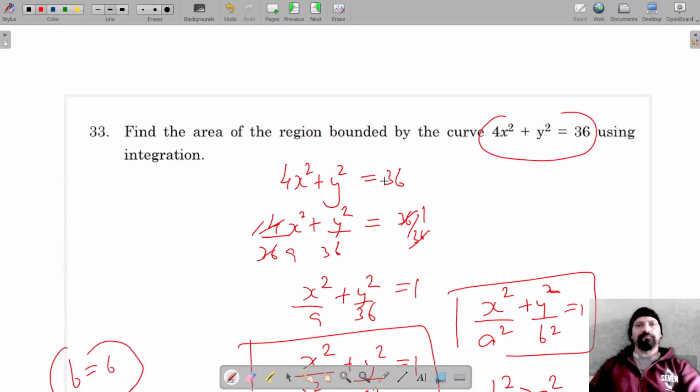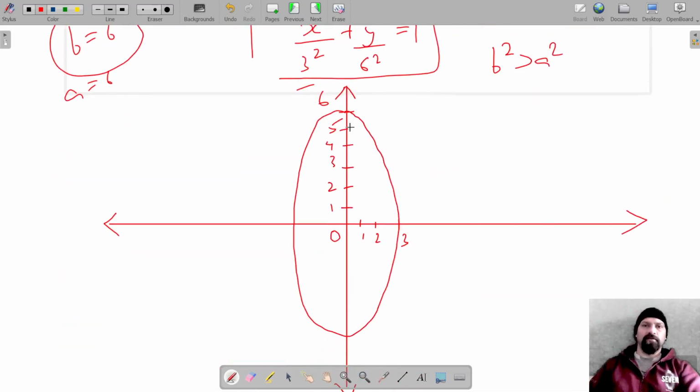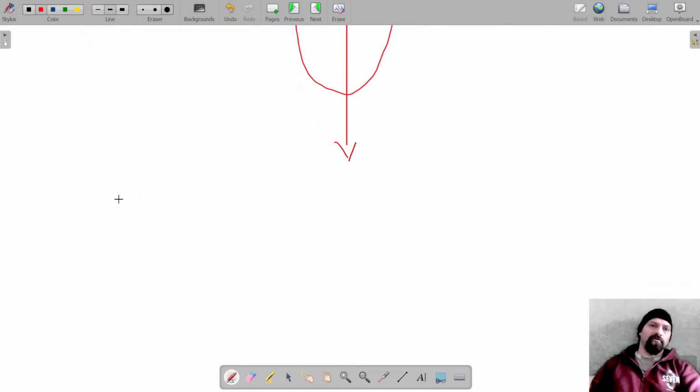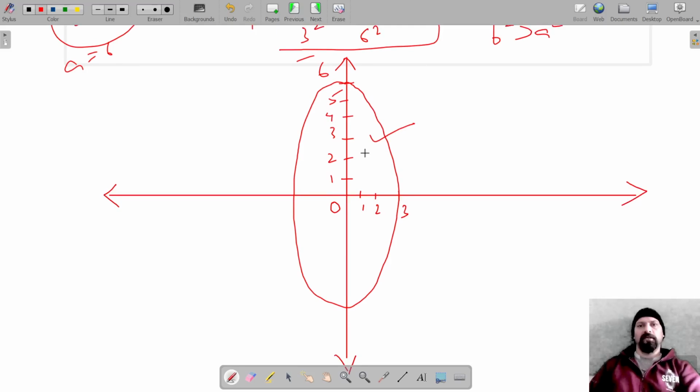And now we have to find the area of the region bounded by the curve using integration. So that means we have to find all the area bounded by the curve. So let's find out the area in the first quadrant, and we will multiply that by 4, because this ellipse is symmetrical about the x and the y axis.